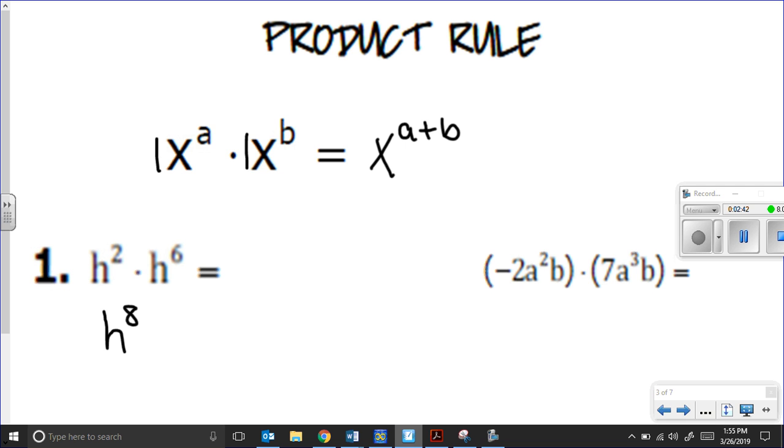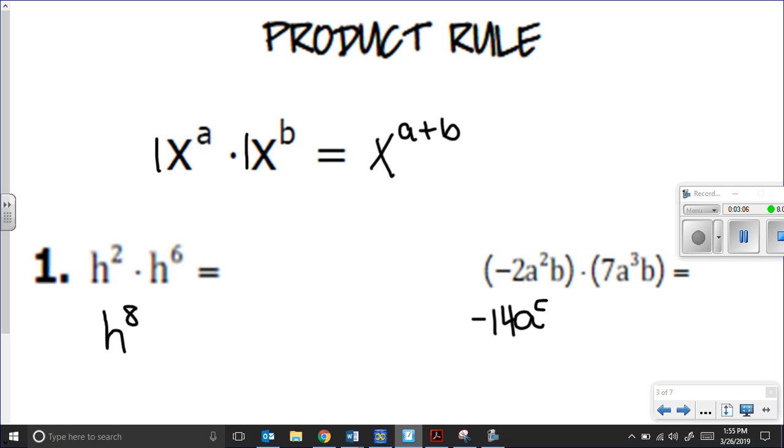In example 2, our problems actually have coefficients other than 1. So the coefficients will be negative 2 and 7. So we're going to multiply those like normal. We get negative 14. But now we're going to deal with the variables. So we have an a to the second and an a to the third. So we're only going to worry about those first. So we'll have a, and then we're going to add the exponent.